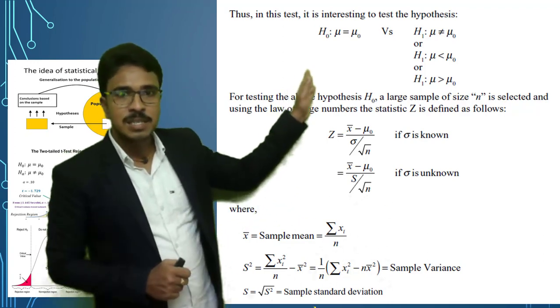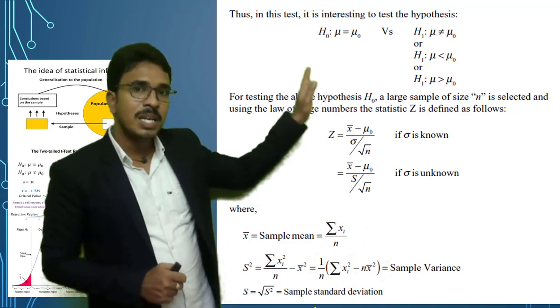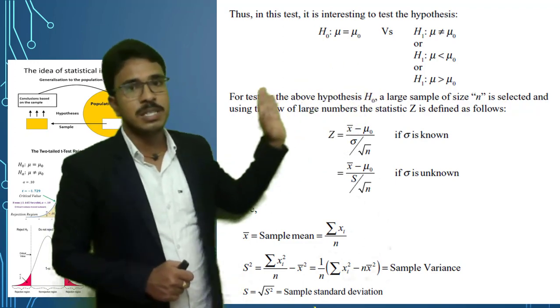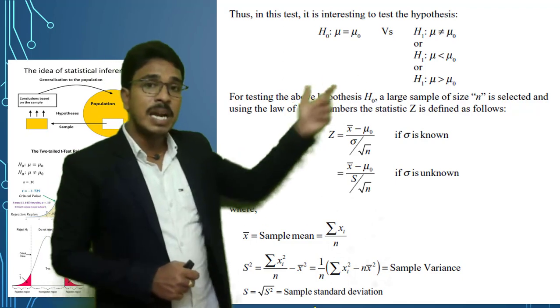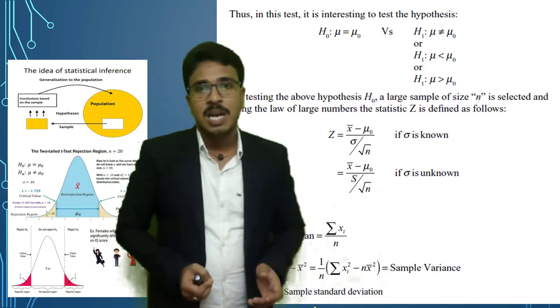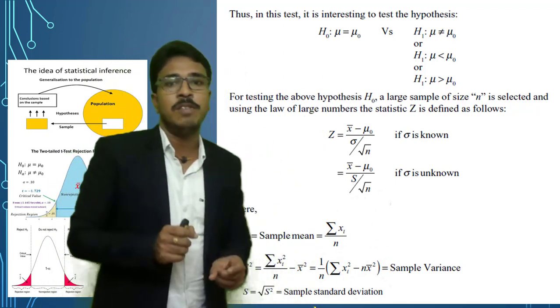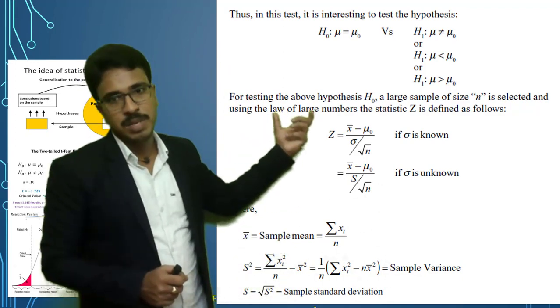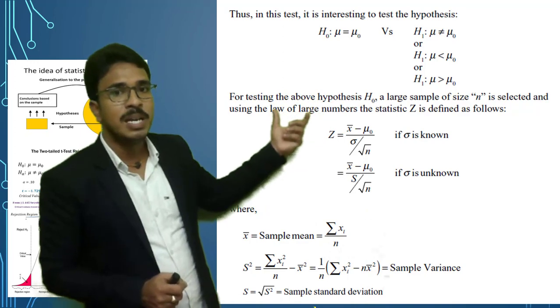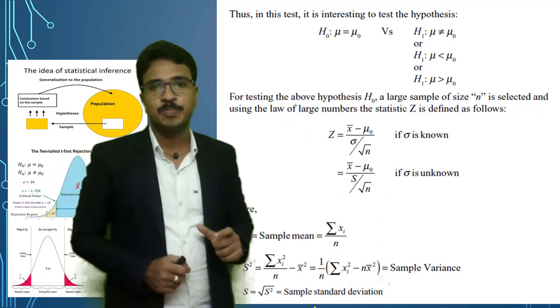Again I am repeating: if the population standard deviation is given, we use the first formula. If it is not given, and the information given is the sample standard deviation, we use this formula, x bar minus mu by s by square root of n.